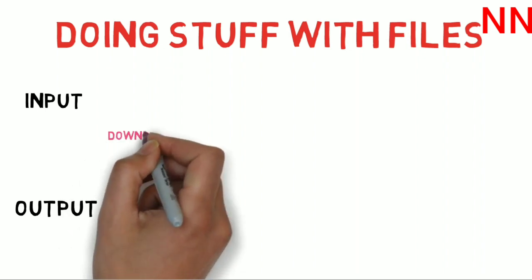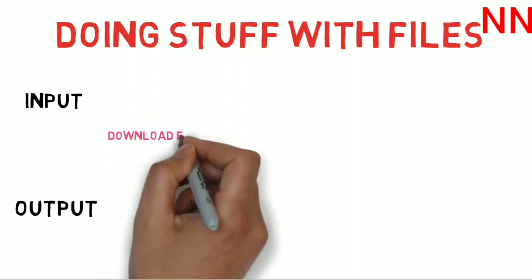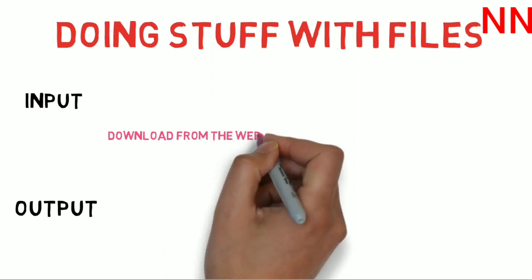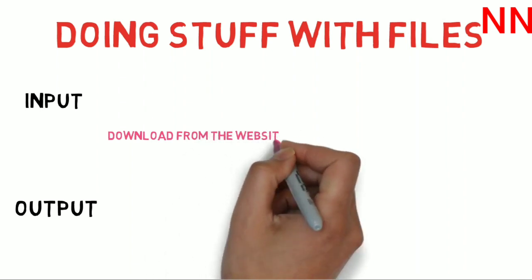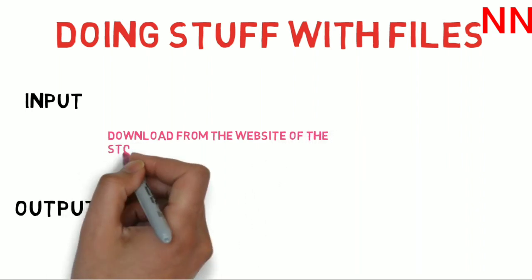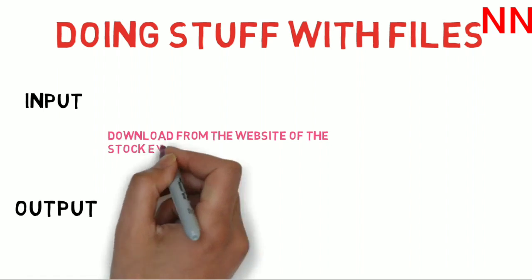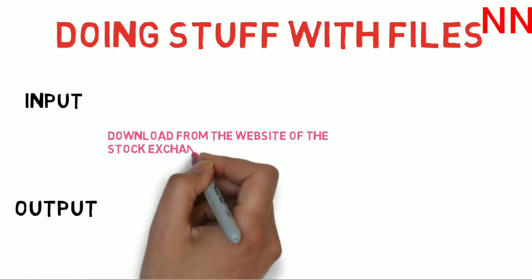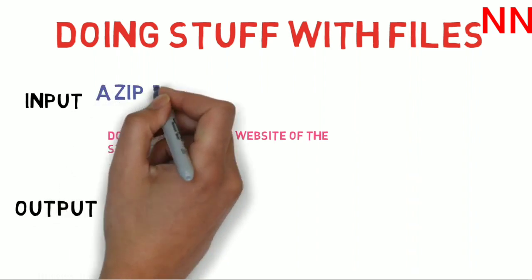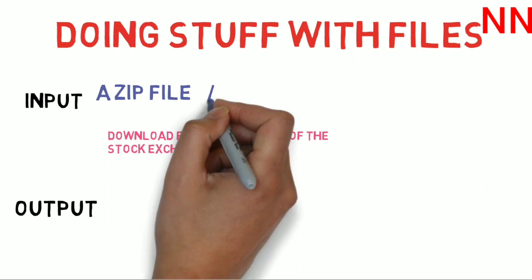As an input, the program needs a downloaded file from the National Stock Exchange website. The file that we'll download is a zip file with the stock information for today.